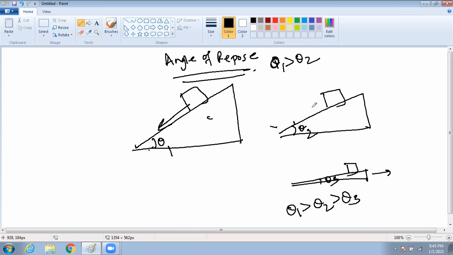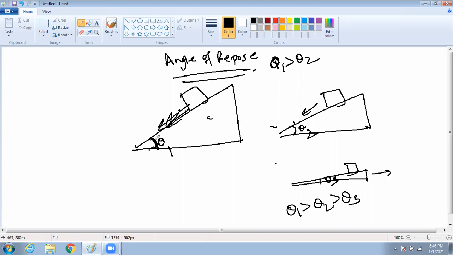But in these two cases, the body is slipping downwards. So what is the maximum angle for which the body stays at rest? Or you can say it is the maximum angle at which the block is just about to slide. About to slide means the moment you increase, the body will slip down.